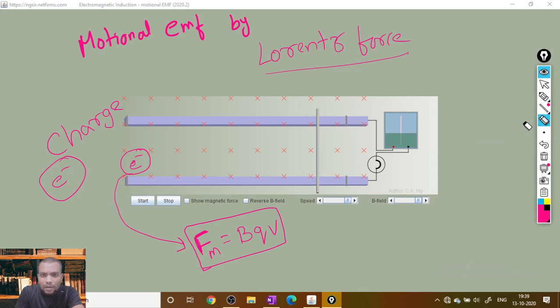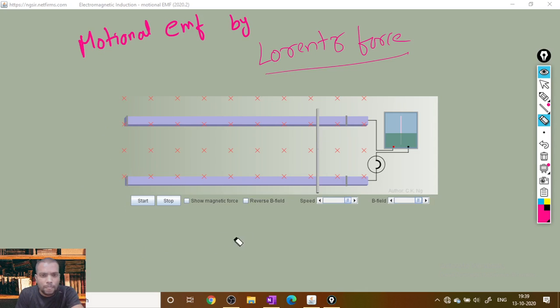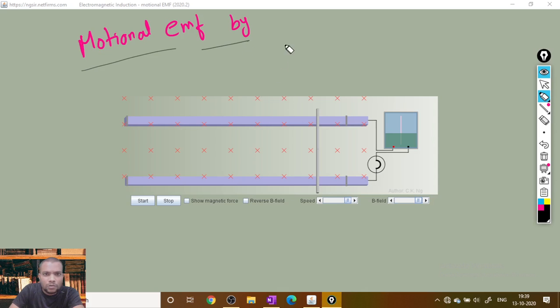Now, with the help of the Lorentz force concept, let us derive the same expression for the motional EMF, the motional EMF by Lorentz force.